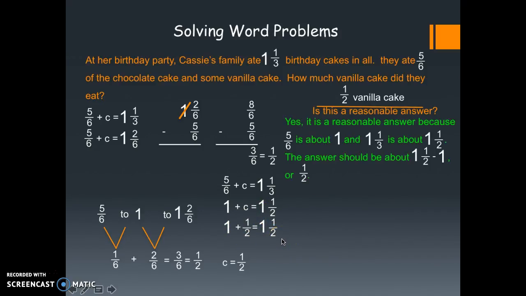And actually, that turns out to be exactly what I got. So again, here's how I would write my answer. Yes, it is a reasonable answer because 5/6 is about 1 and 1 1/3 is about 1.5. The answer should be about 1.5 minus 1 or a half.